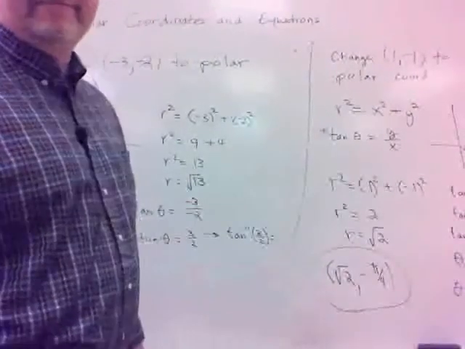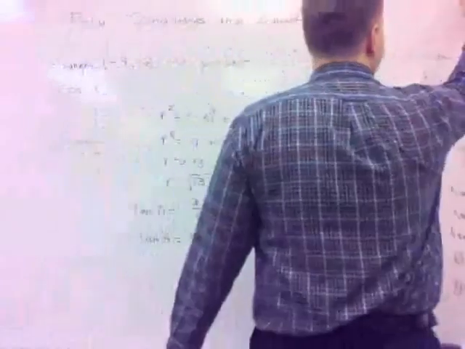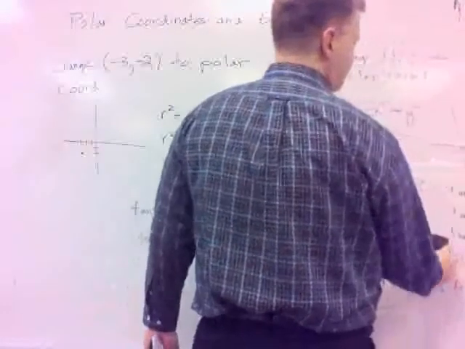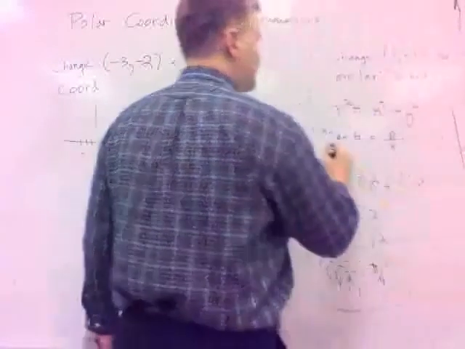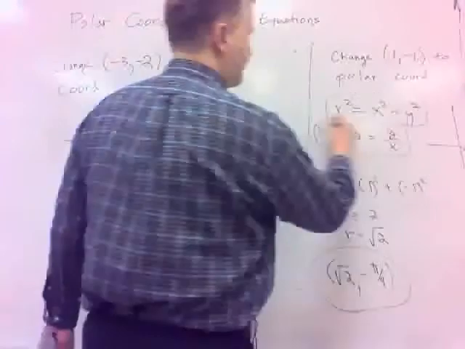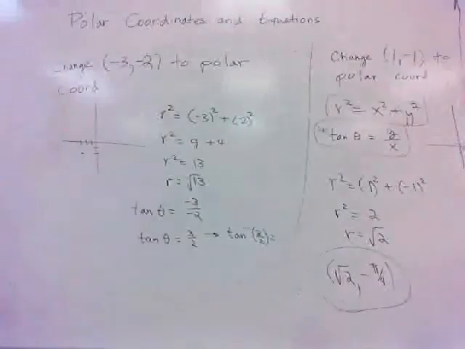As they say. I'm not showing this whole board, so cut it off right there. Please go back and change that. I'll have to redo this. Tangent is y over x. R squared is x squared plus y squared. Go back to your notes. Flip back if you took them. Tangent is y over x.